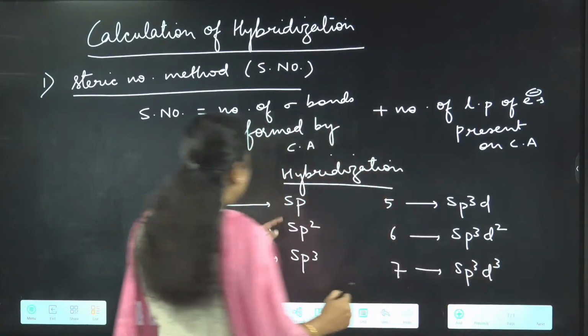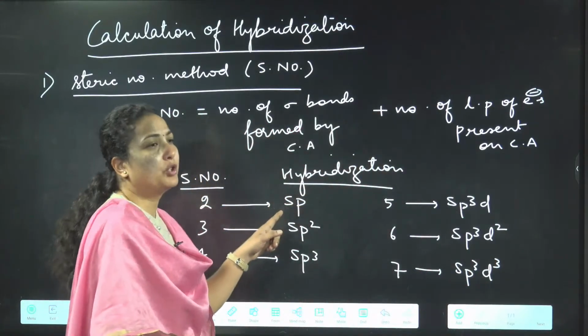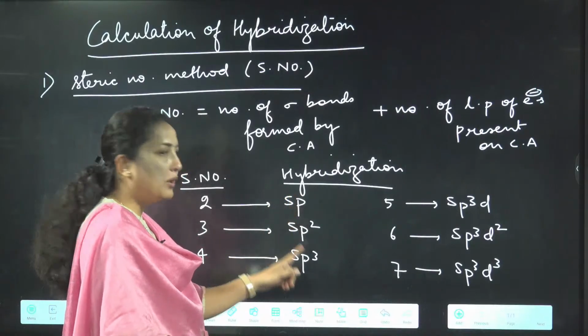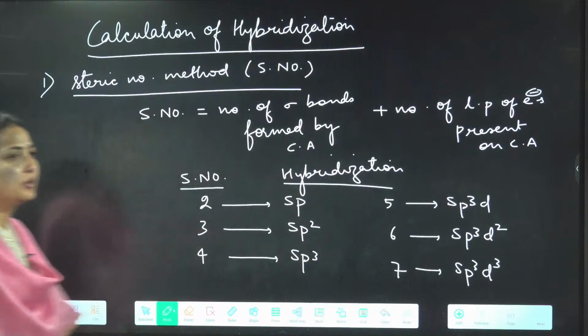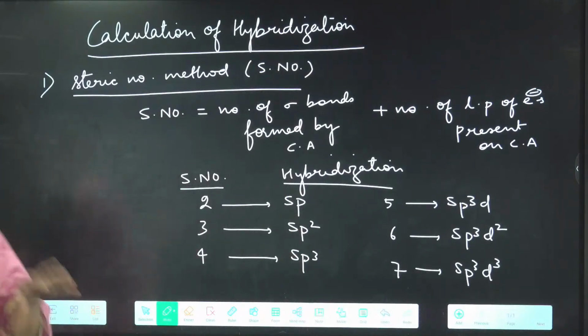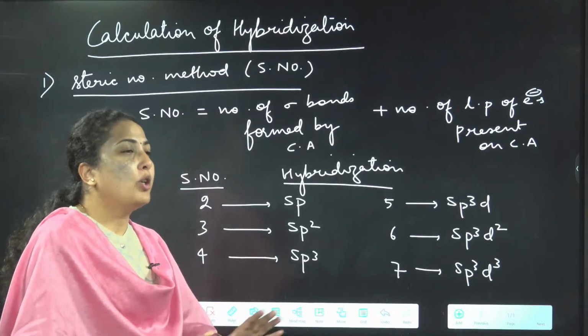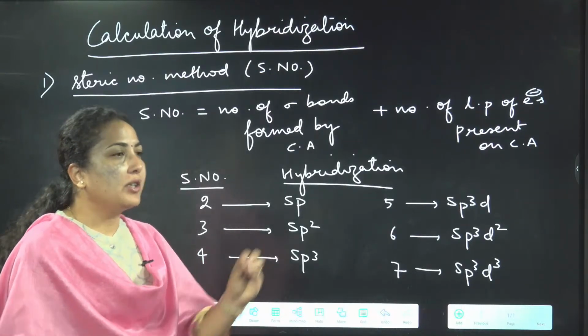I hope everyone knows that we are just adding the powers with respect to s and p. So here 1 plus 1, here 2 plus 1, here 3 plus 1, right? Like that it goes. In the steric number method, we draw the structure, count the number of bonds and lone pairs on the central atom, and then give the hybridization.